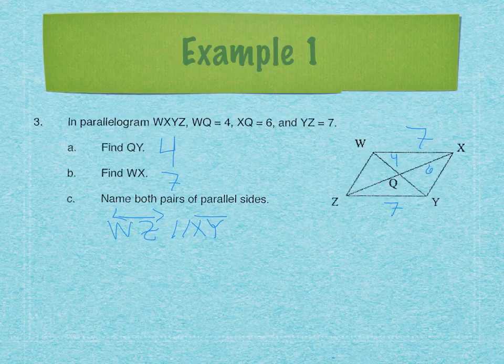Okay. What is my other pair? I have 2 pairs. WX and ZY. WX is parallel to ZY.